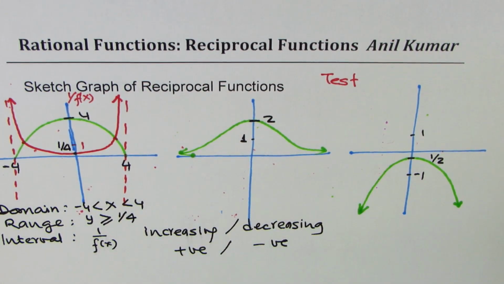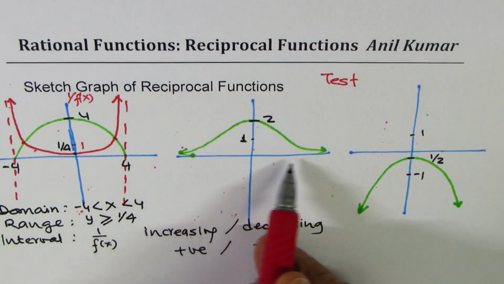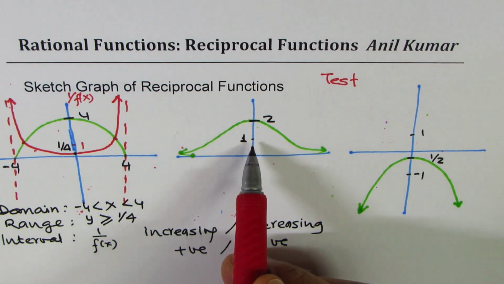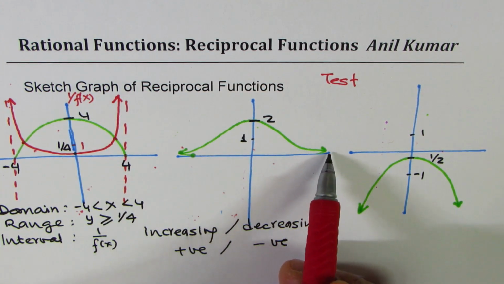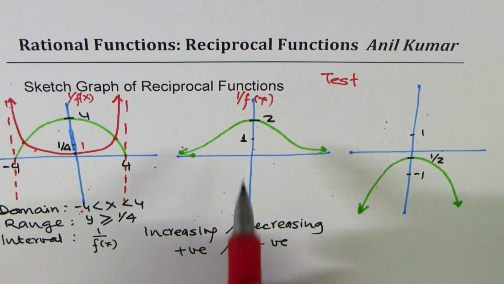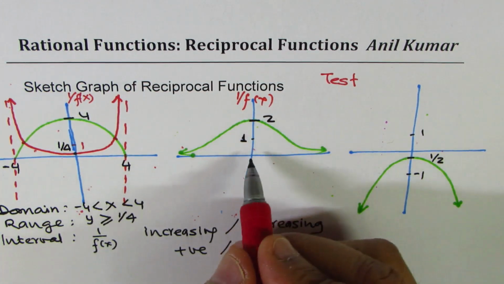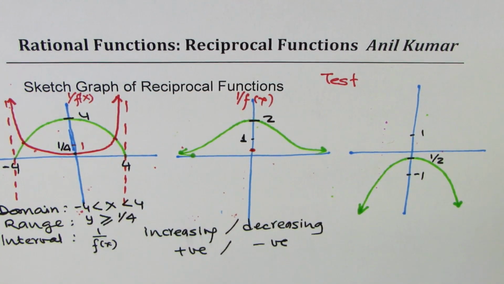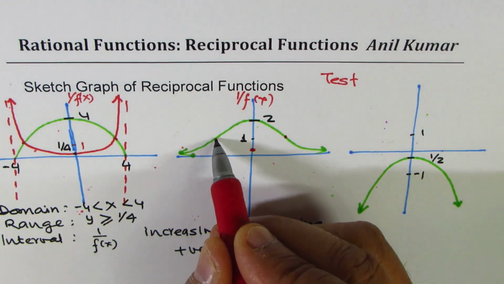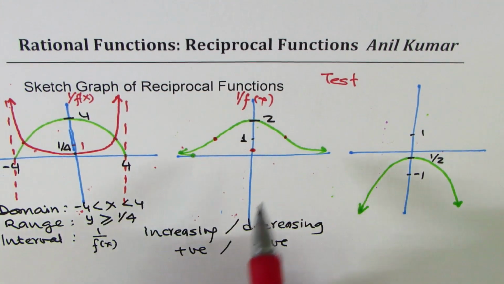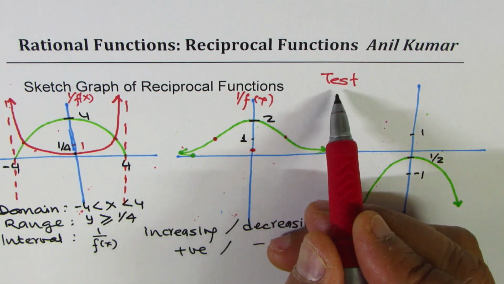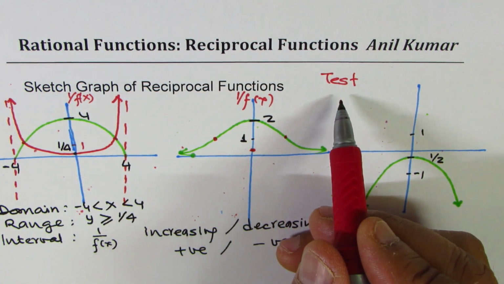In the second case, we do not have any vertical asymptote since there are no x-intercepts. When the function approaches 0, it is going to approach infinitely large, the reciprocal of f of x. Reciprocal of 2 is half, so this point will be kind of here, right? Now, at 1, it is going to be crossing the graph. Now, what happens as it approaches 0? This is going to approach infinitely large value, correct?